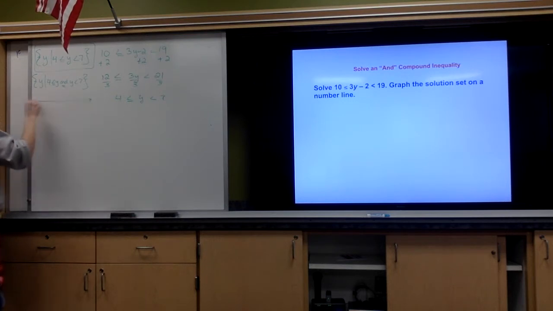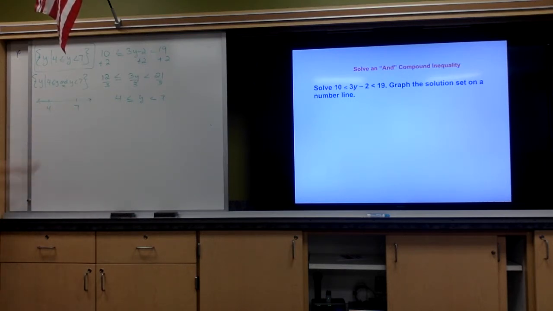Number line, here's 4, here's 7. 4 gets the closed circle, 7 gets the open, not allowed to be equal to it, and you have to be between those values. So 5, 6, 5.5, 5.75, 4.333 repeated, they are all satisfied in this inequality.